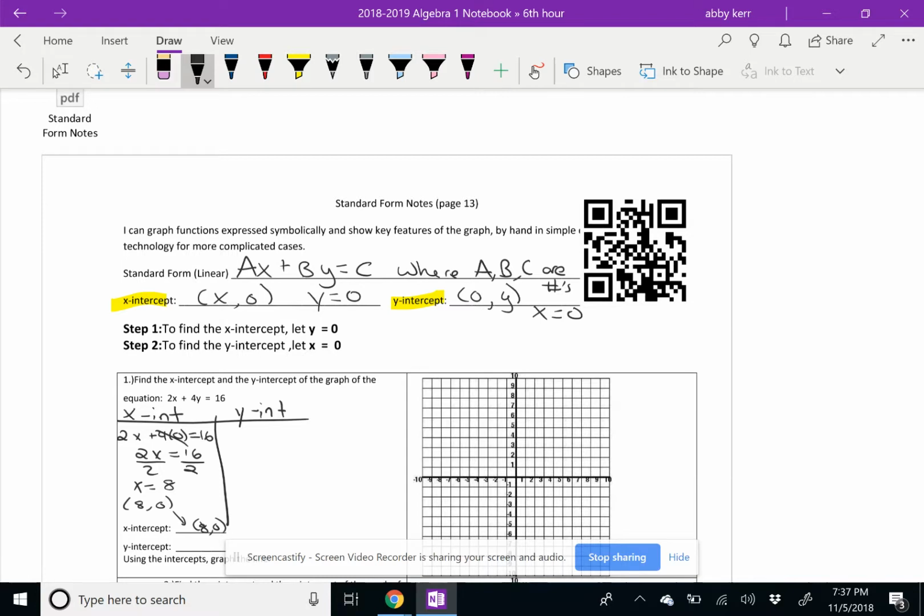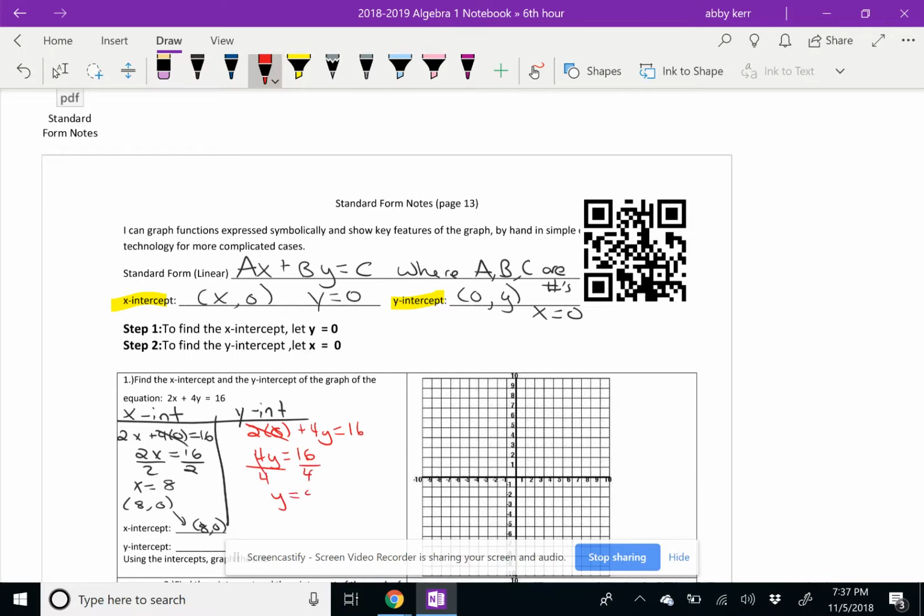Now the y-intercept is where it crosses the y-axis. So since it crosses the y-axis, we're not going to go left or right any, so that's why that is 0. So 2 times 0 goes away, and then we are left with 4y equals 16. Once again, we have a 1-step equation.